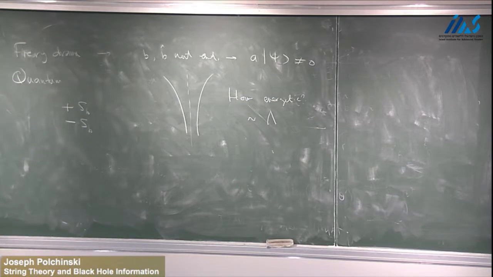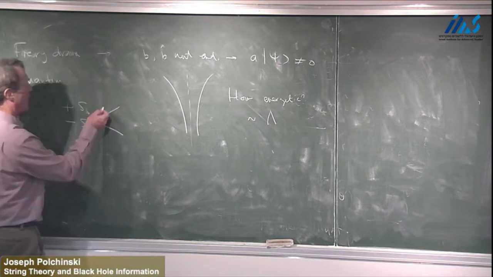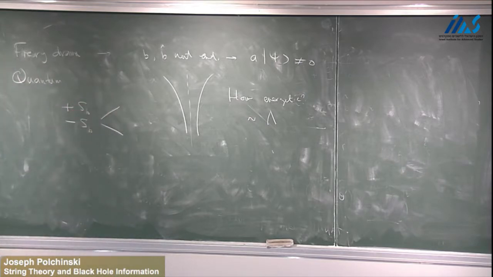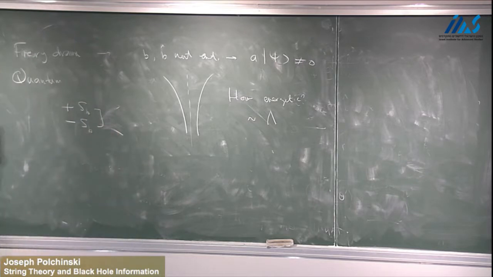Relative purity and no drama require that these entropy curves go up or down by the amount of entanglement, by the von Neumann entropy of S sub B at each step. But there are these gray body factors. As you go to larger and larger angular momenta, they grow exponentially. So you don't need L to be very large before this discrepancy is so small that you can imagine a small effect doing away with it.